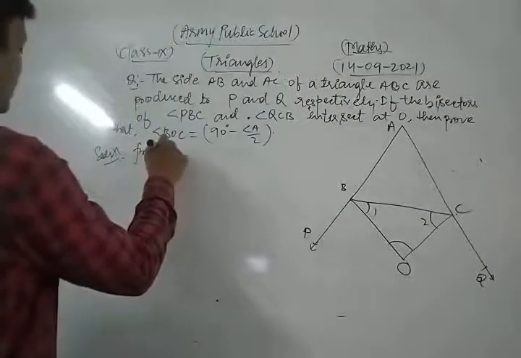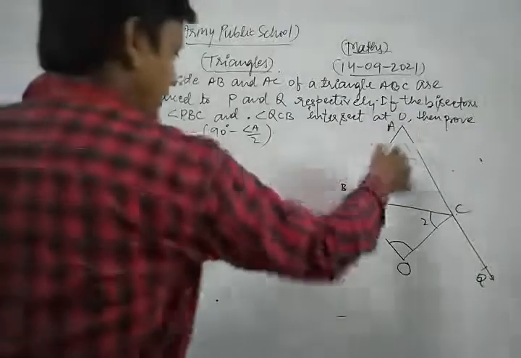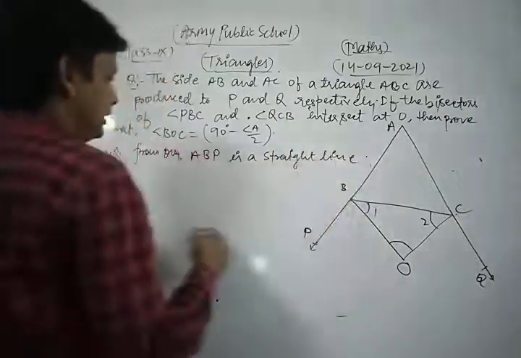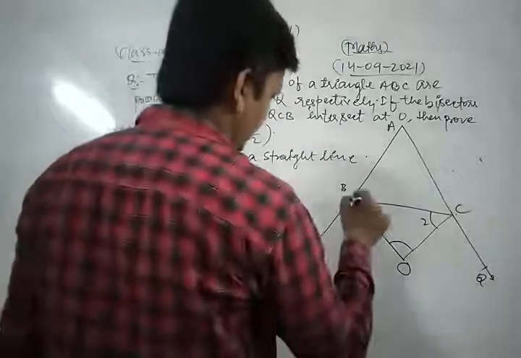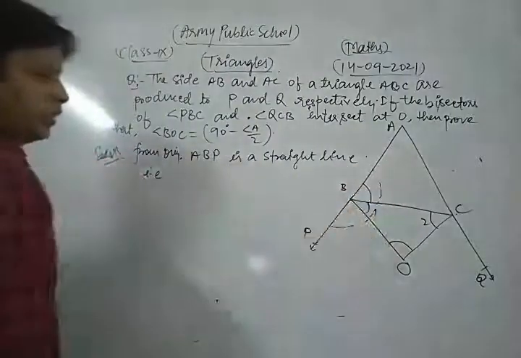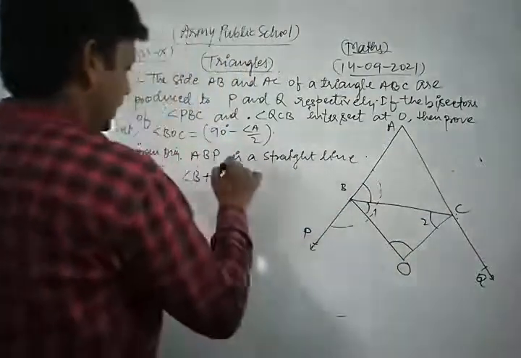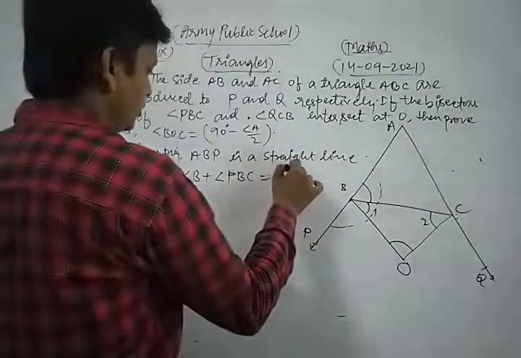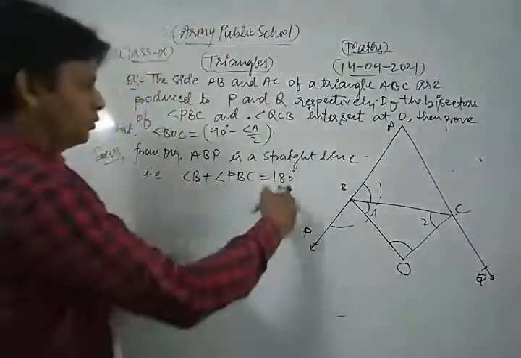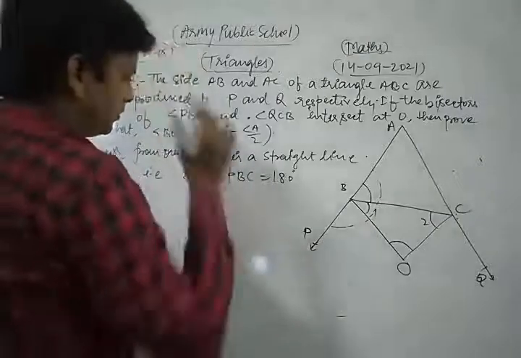From the figure, ABP is a straight line, so the sum of angle PBC and angle B is 180 degrees. That means angle B plus angle PBC is equal to 180 degrees.